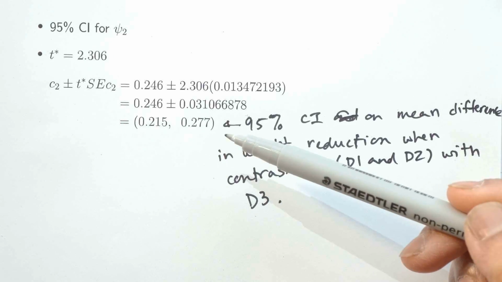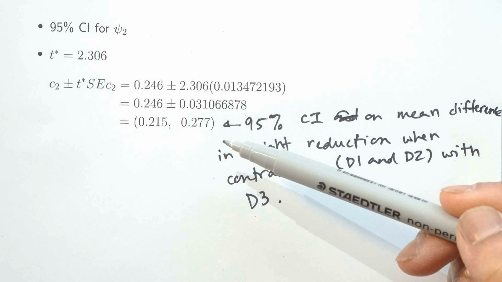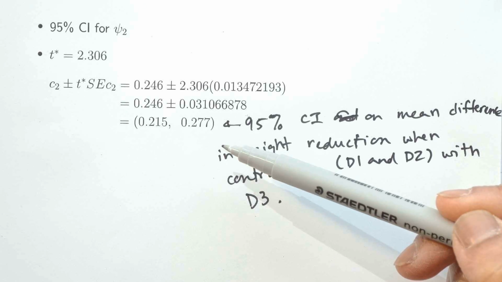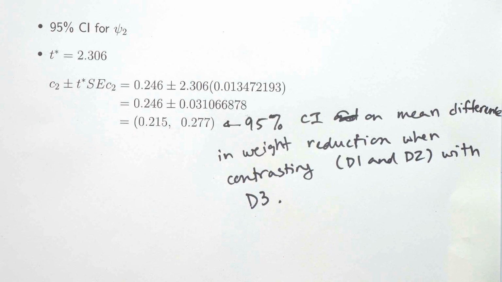From a scientific perspective, you might think, well, that's not a great enough weight reduction for diets 1 and 2 to be considered scientifically better, but statistically, there is a significant difference. It's just that it might not be great enough for us to put the effort in to change the diet, depending on what those diets were, what they involved.